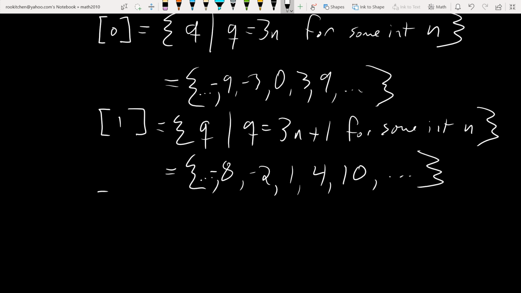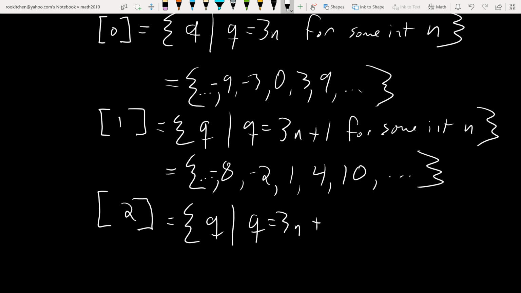Okay, and then the class 2 is going to be the set of all integers q, such that q is equal to 3n plus 2 for some integer n.